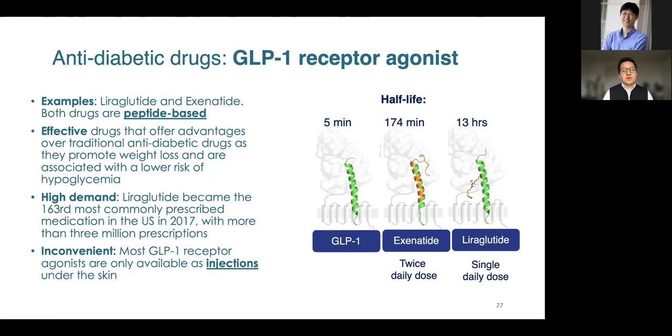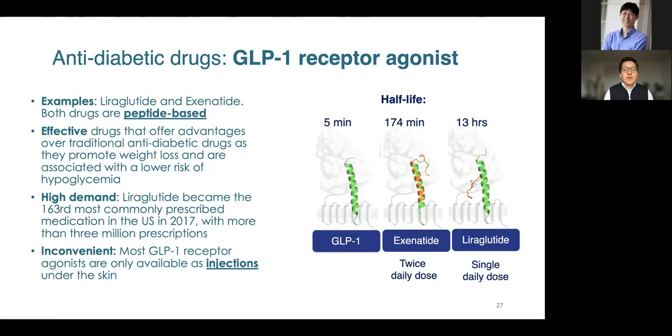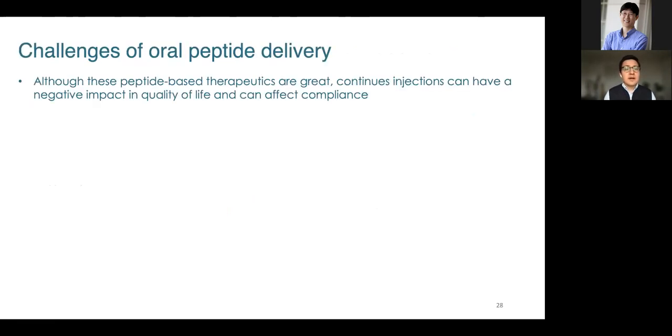There are other versions that you only have to do once a week. Nonetheless, this is something that people have to live with for sometimes the rest of their lives. And having daily or weekly injections can really become a hassle for people that have to live with this type of therapeutics.